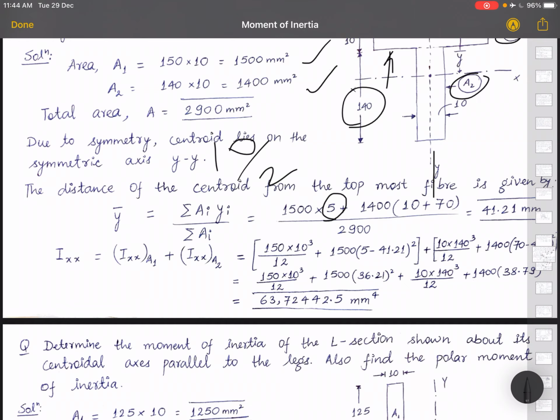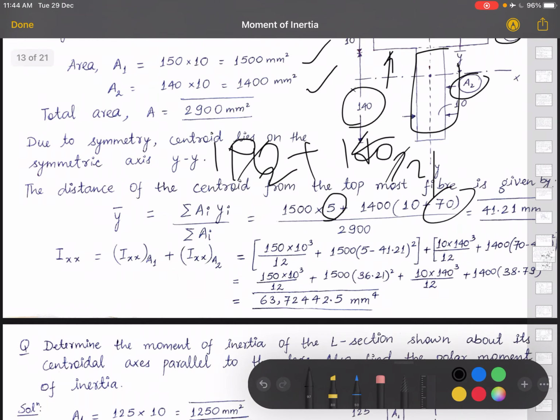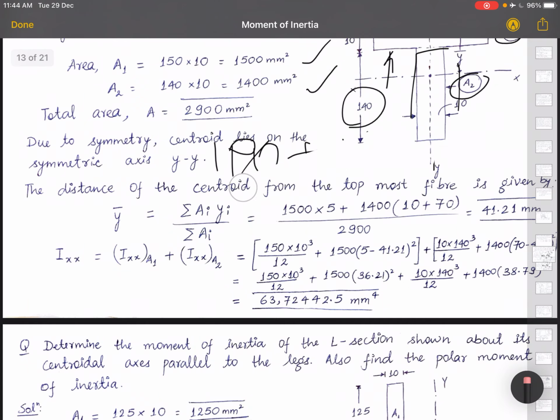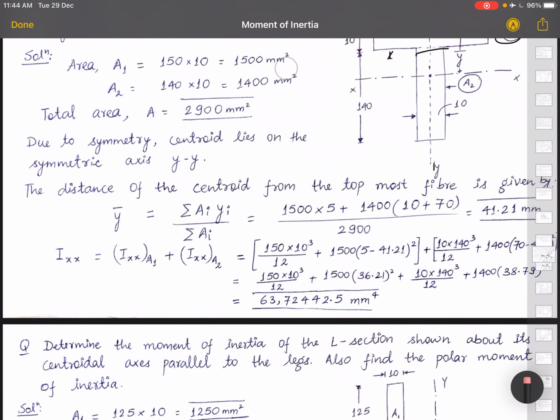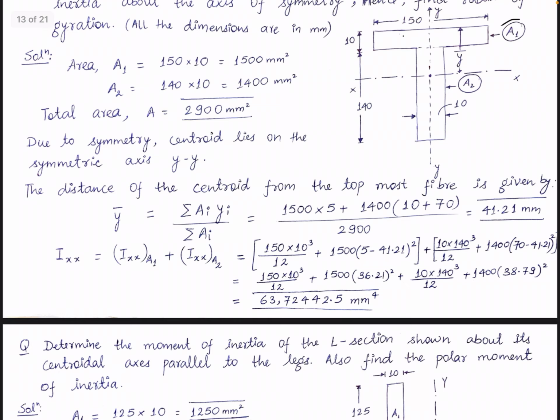For the web section, 10 plus 140 by 2, that is 70, so 10 plus 70 is 80. Total area is 2900, 1500 plus 1400. So you will get 41.21 as our centroid distance from the top fiber.